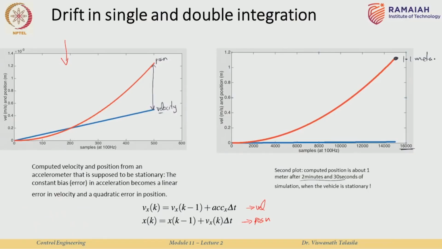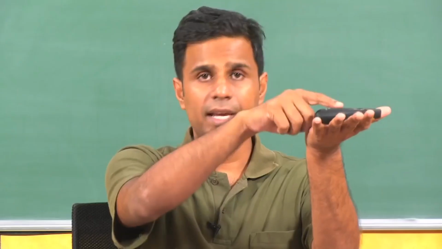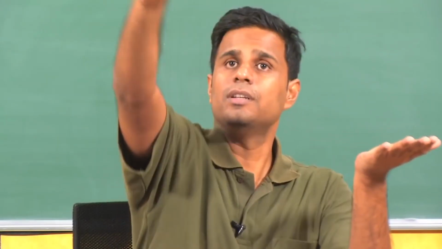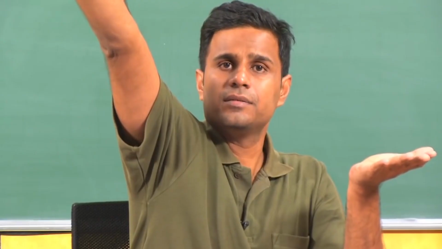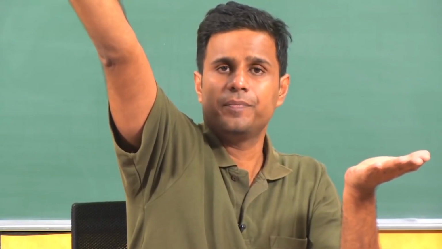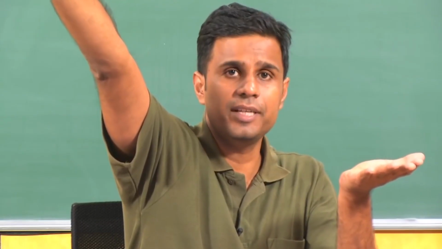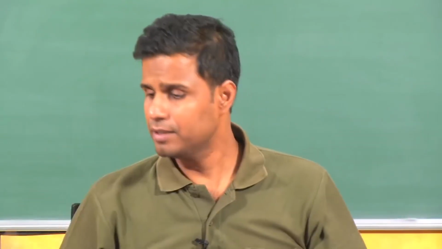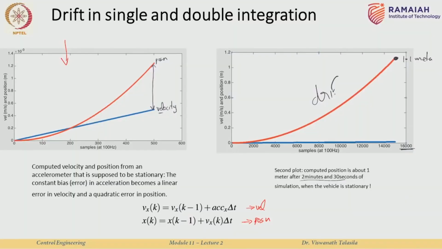So, it means the laser pointer, which was supposed to be here, has gone more than 1.1 meters away, right, in just 2 minutes and 30 seconds, while it is really not moving. That is the effect of drift with the double integration. Okay.